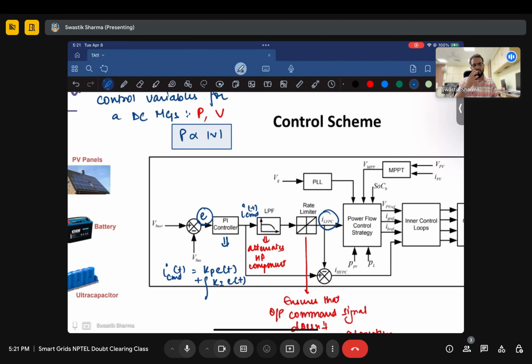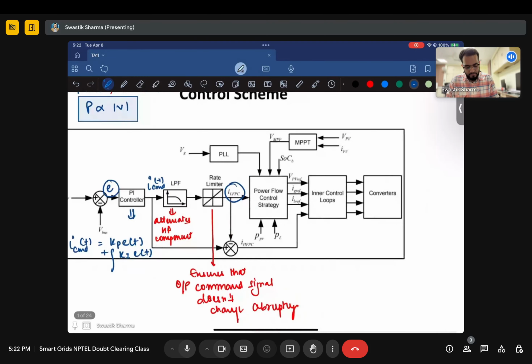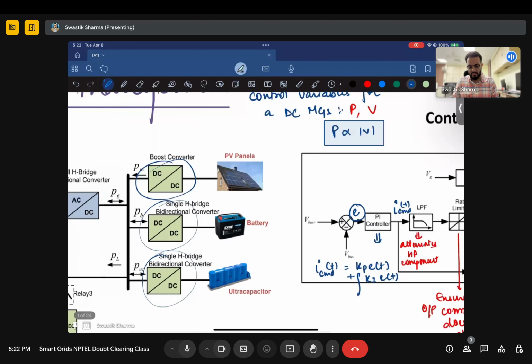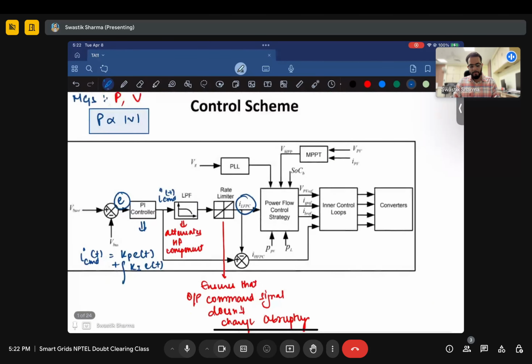It happens because there's just current, and the current corresponds to the active power component only, and there is only active power in a DC microgrid, right? Now this power flow control strategy produces the reference voltage set point for your PVs, for your batteries, and for your grid converter, this grid side converter, to be able to set individually how these converters are behaving.